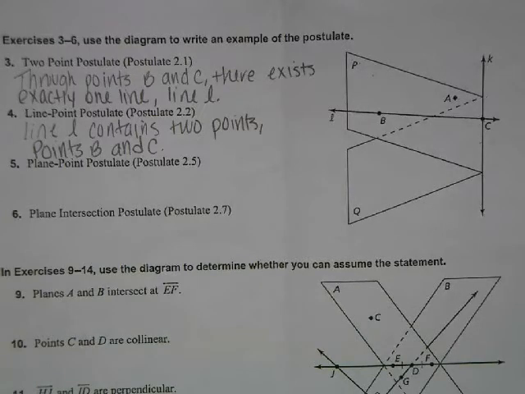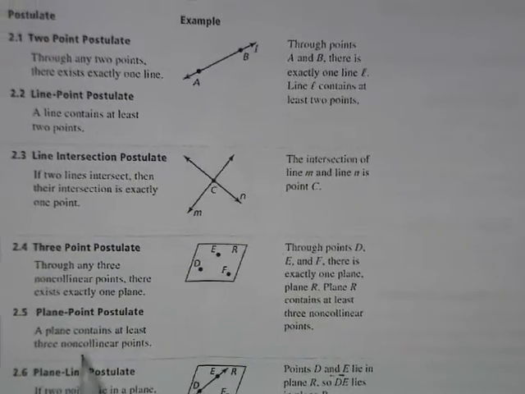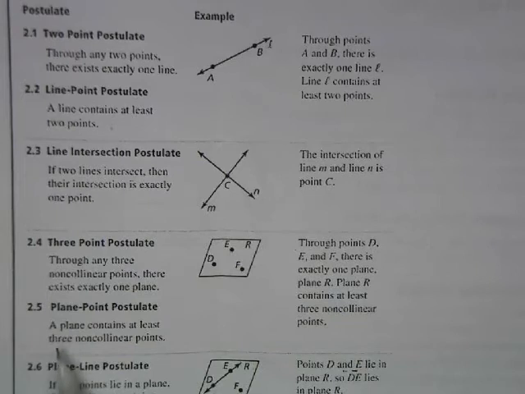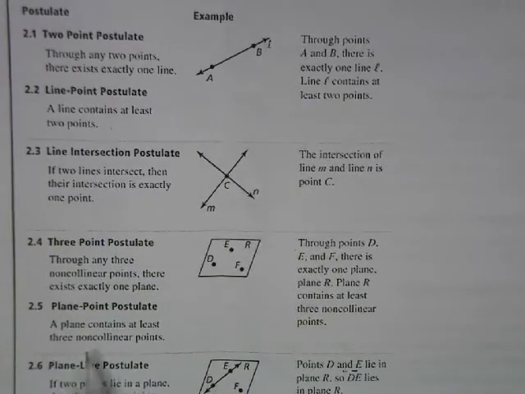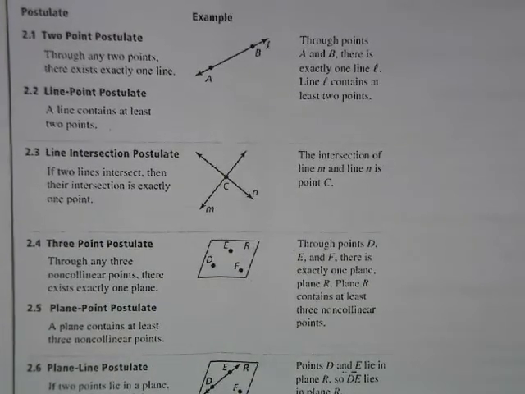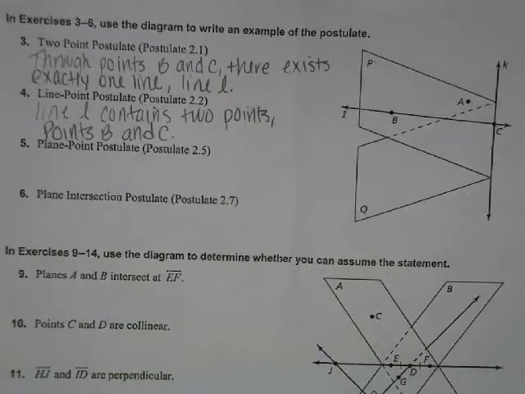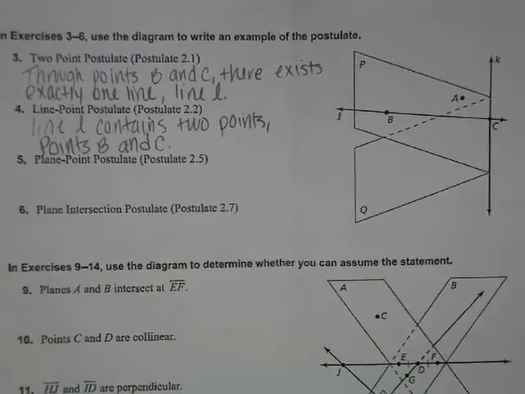Then you have the plane point postulate. So the plane point postulate says that a plane contains at least 3 non-collinear points. So you need a plane with 3 non-collinear points.